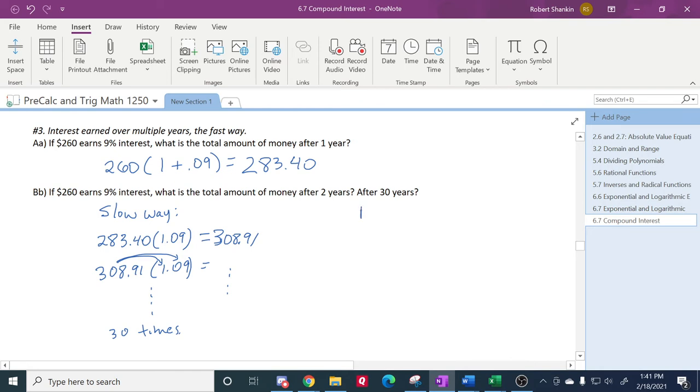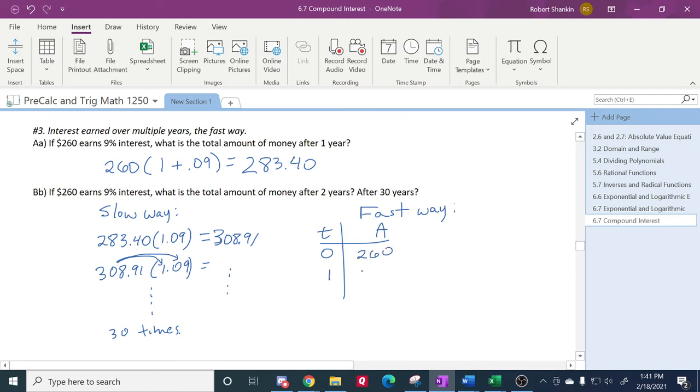So, the fast way is, now let's make kind of a little table about this. Time and amount. At year 0, you have $260.